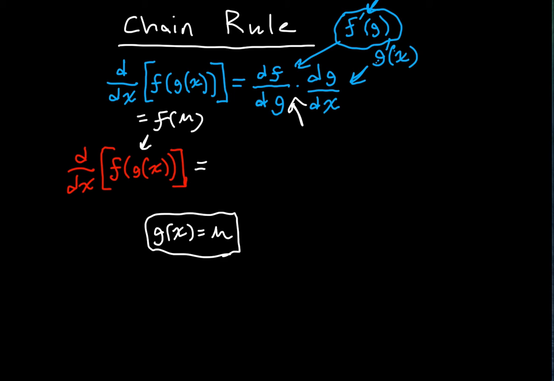So what we're going to be doing is taking f prime of u, and remember, u is equal to g of x. So when we take the derivative, we get a function for the derivative with respect to u, and we have to remember to plug in g of x for that. And then we're multiplying by g prime of x.